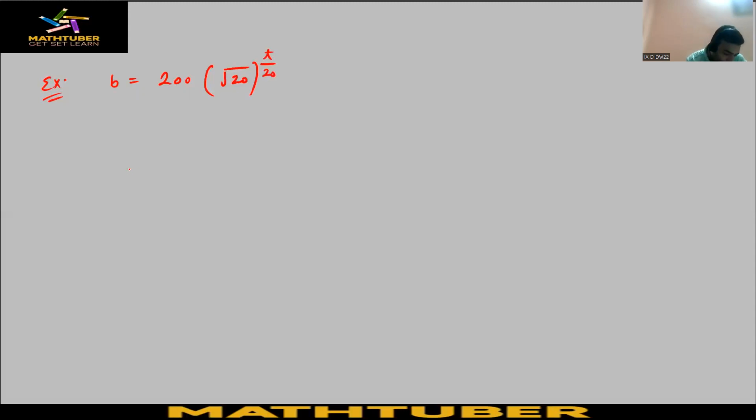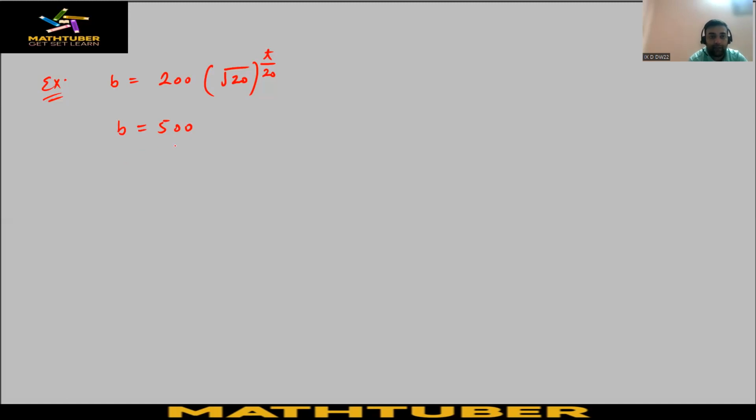So this is the formula by which the number of cells are given. If the initial population, find the number of hours after which there will be 500 bacterial cells. So you are given B equal to 500 and you want to find this t. After how many minutes or how many hours you will find out that the population is 500.